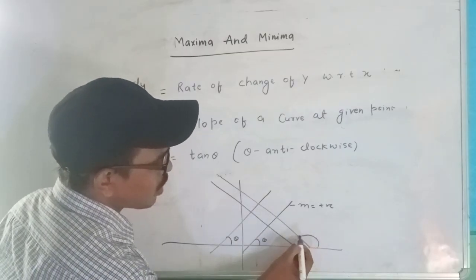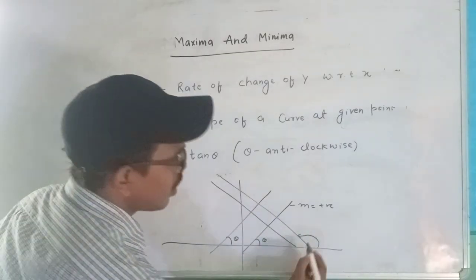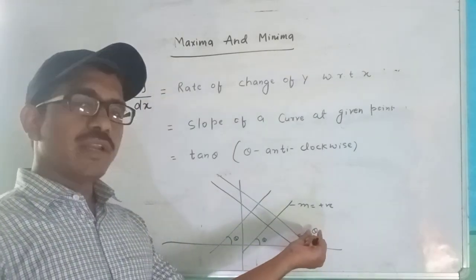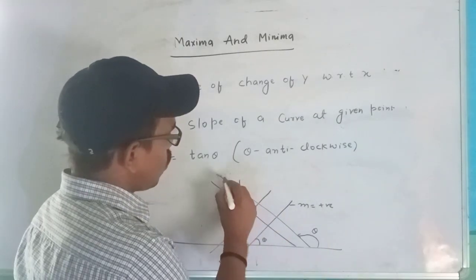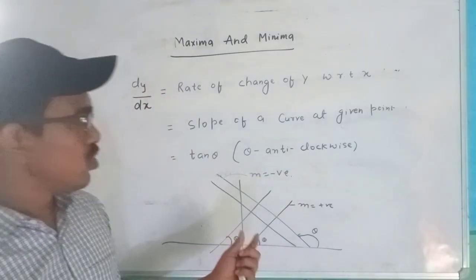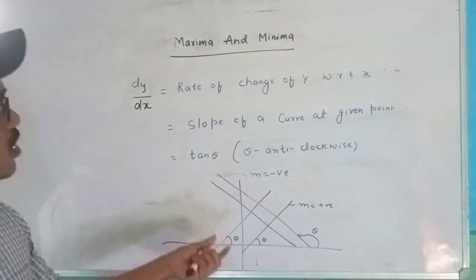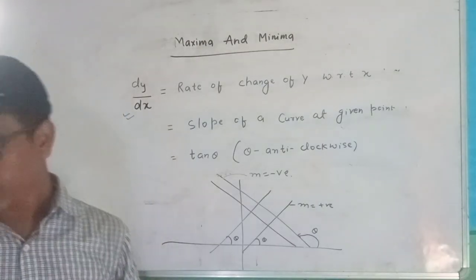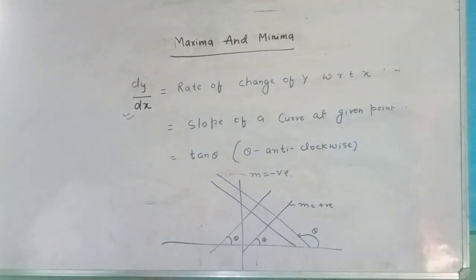Then theta will be between 0 and 90 degrees, so the slope of this line will be positive. And suppose our line is something like this, then measuring theta anti-clockwise, it will be greater than 90 degrees. In this case, the slope of this line will be negative, right? So you know this basic thing about dy over dx.